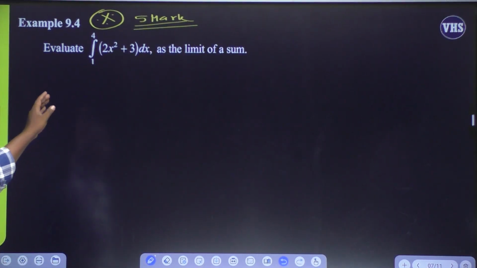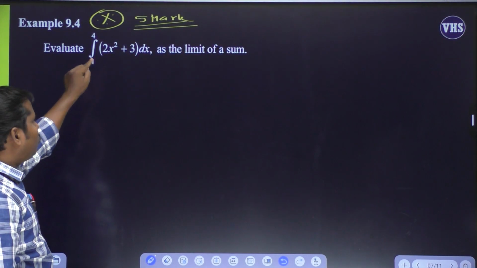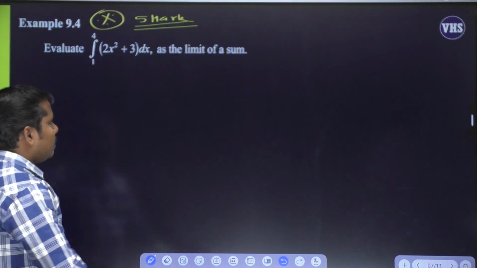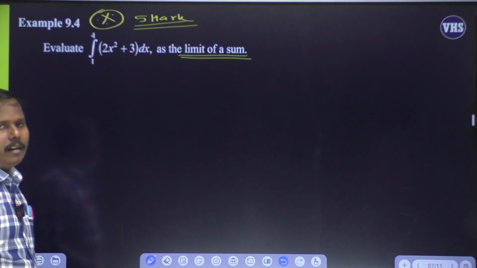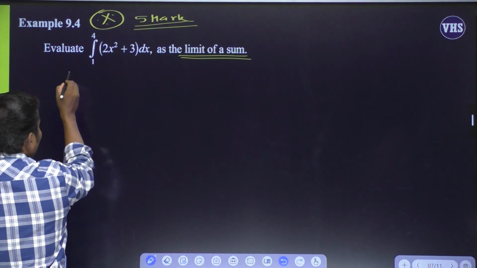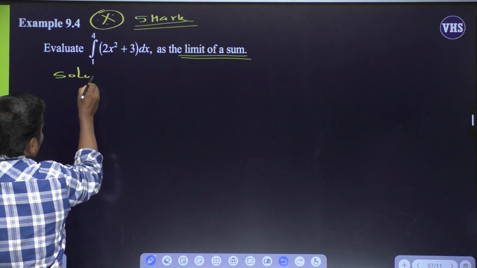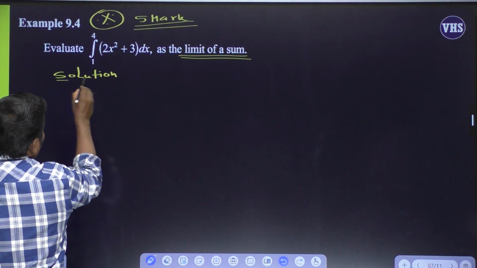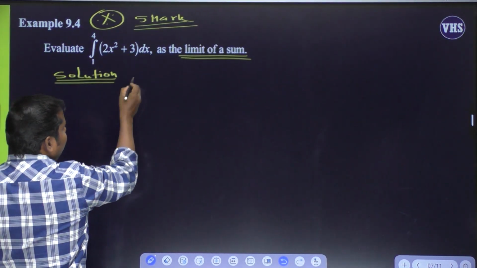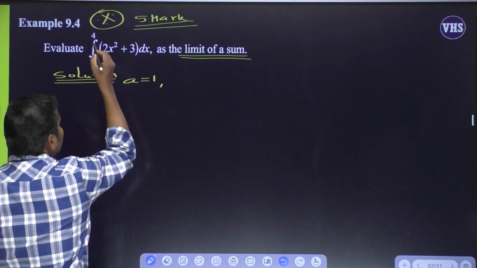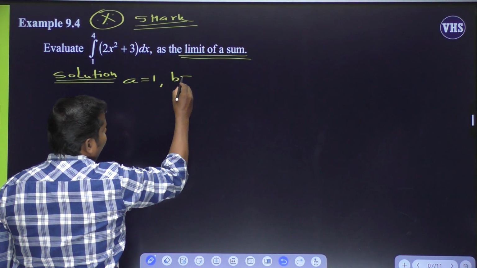Have a look at it. Evaluate the integral from 1 to 4 of 2x square plus 3 dx as the limit of a sum. The method is clearly mentioned there, so let us proceed the usual way. Solution. Students, tell me, what is a here? a is the lower limit, which is 1. a equals 1. What is b? 4.